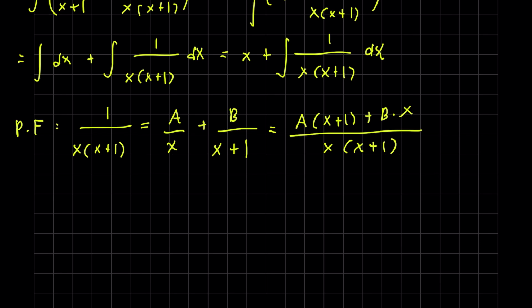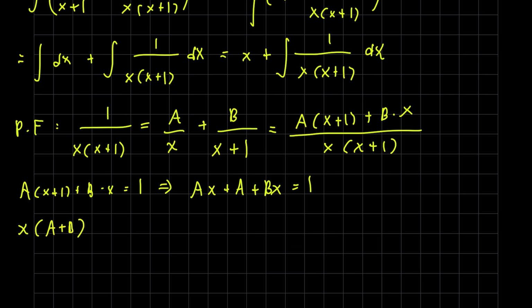This is true when the numerators are equal to each other. So A(x + 1) plus Bx is equal to 1. If we expand that, we have Ax + A + Bx equals 1. Factoring out the x, we have x times (A + B) plus A equals 1.